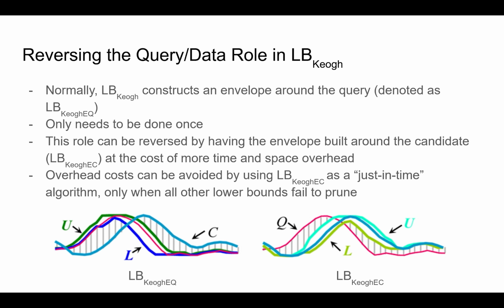This does create more time and space overhead than LBKO-EQ. However, it can be used as a just-in-time algorithm when all other lower bounds fail to prune. This essentially avoids most of the overhead while further optimizing the efficiency of finding the lower bound to further decrease search times.